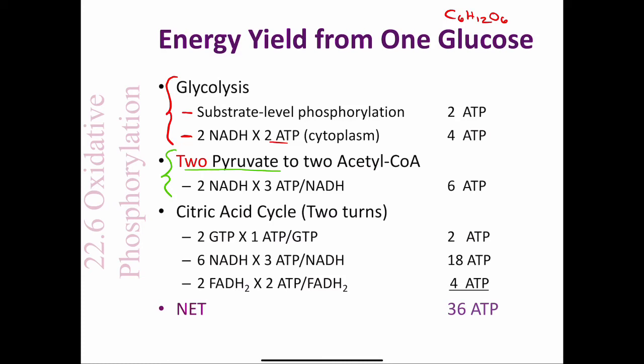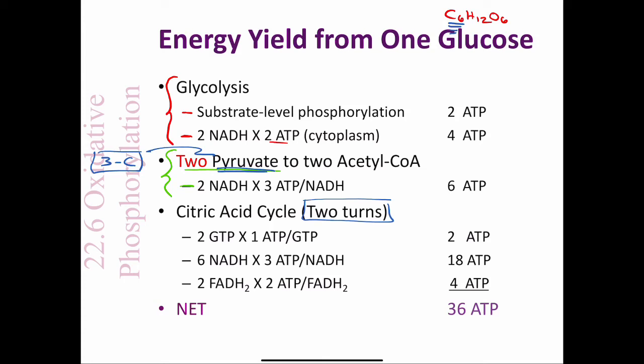Therefore, 2 times 3 gives us a total of 6 ATPs. And since we split that glucose molecule in half, we go from a 6-carbon molecule to a 3-carbon molecule, pyruvate. That is why we do 2 turns of the citric acid cycle.